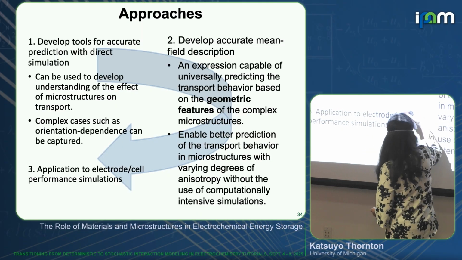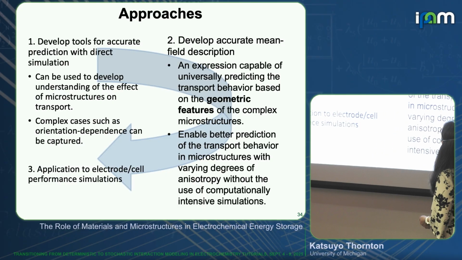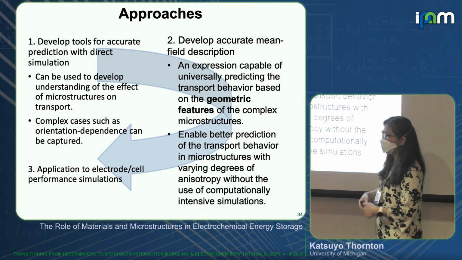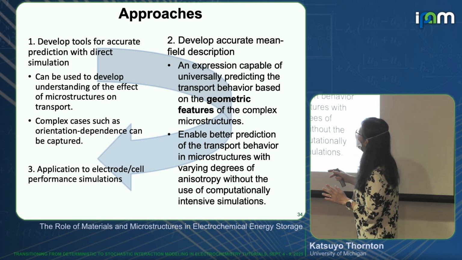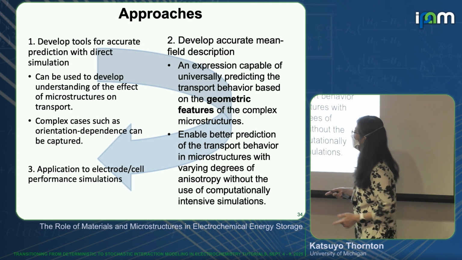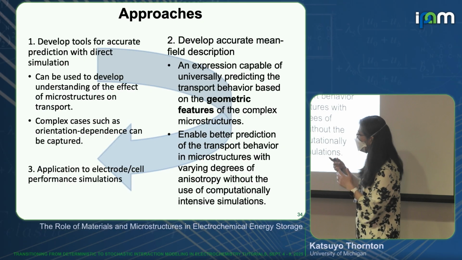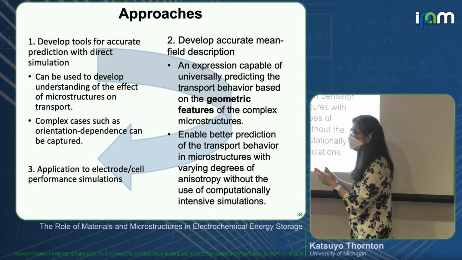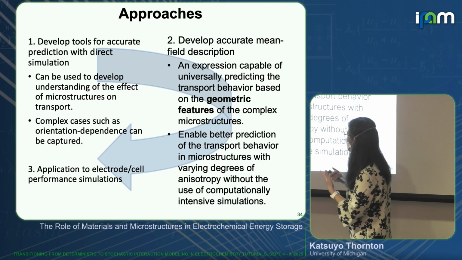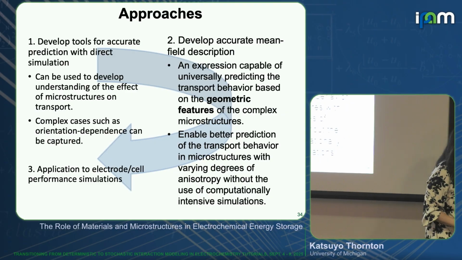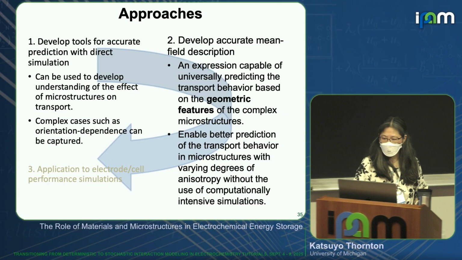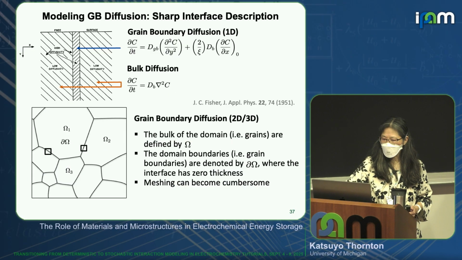And then at the mean field level, we looked at the different mean field approaches and compared the results, and when certain approximations or certain descriptions are better, and eventually try to improve upon it. So that's that.